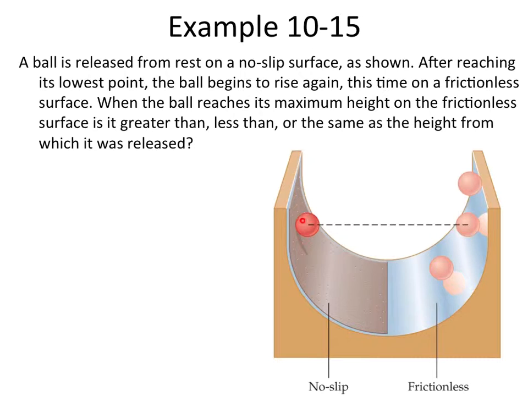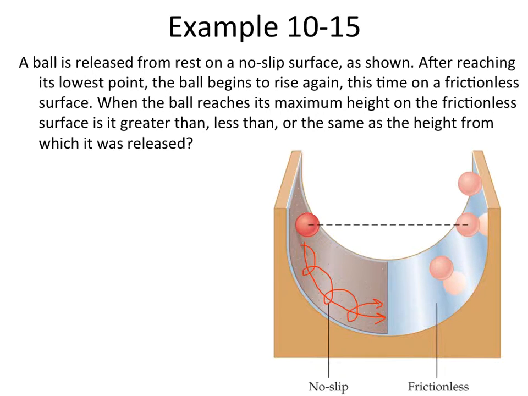If you start the ball right here and you roll it down a side with friction, now this is an important point. If it has friction, it means that as the ball moves downwards, the friction between the ball and the surface itself is going to cause it to roll, like that, down to the bottom.